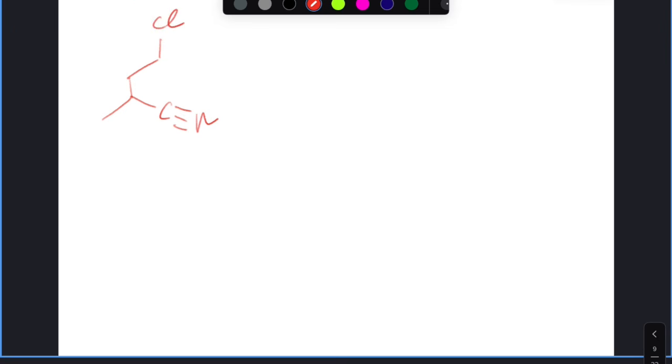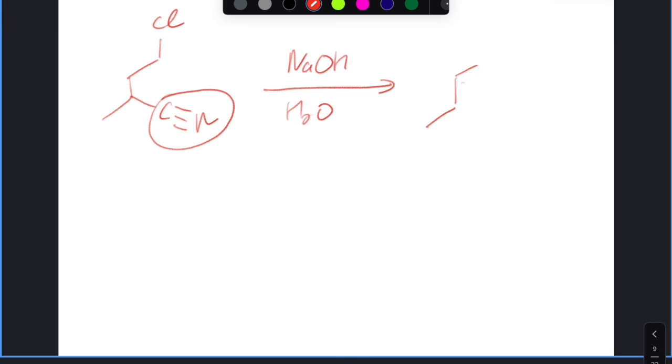So I've started off with a nitrile that has a chlorine in it, and I want to hydrolyze this group. And let's say I'm going to try doing it with sodium hydroxide in water, right? So I'm specifically setting this reaction up to do basic hydrolysis. That's the goal. So basic hydrolysis here, I can probably hydrolyze this, right?